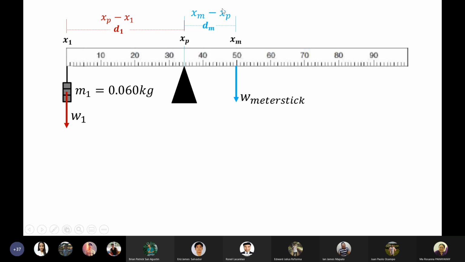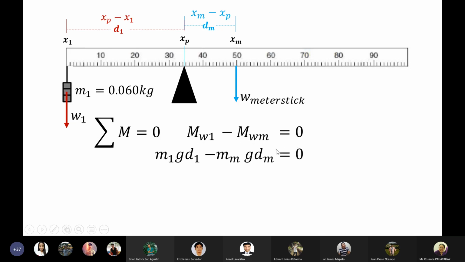So, ang problema natin dito is to find what is XP. Okay? So, we will use again the summation of moment to find here. So, that will be moment of weight 1 minus moment of weight of the meter stick is equal to 0. So, let's substitute the formula. And we have to substitute what is D1 and what is DM, which is this. Okay, yung nakita na natin.